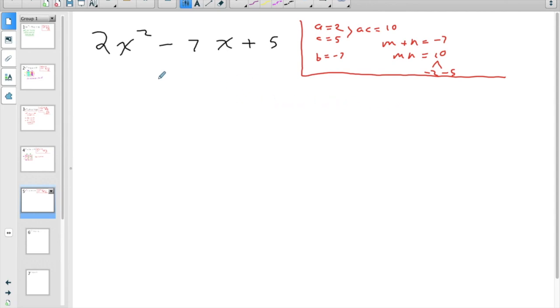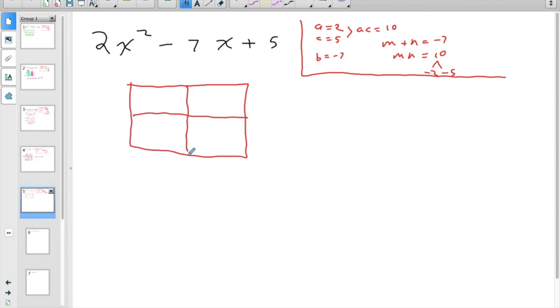So we're going to set up our box. In the top left-hand corner goes our 2x squared, in the bottom right corner goes our 5. And then these two numbers with whatever variable we're dealing with, in this case an x, take up the other two.